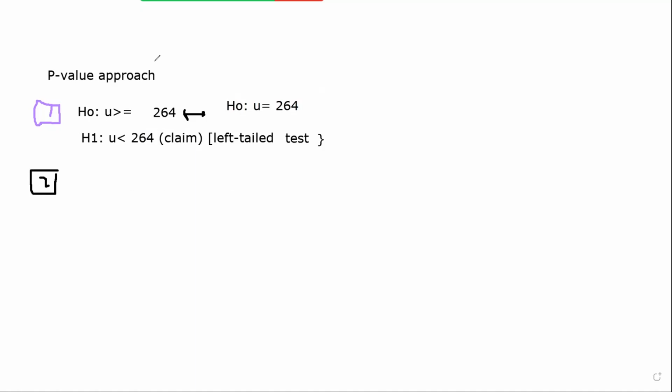This is going to be our test statistic here, because we don't have a critical value, we have a p-value, okay? So your test statistic is just like what it was before. The formula is the same. So you get z is equal to x bar minus mu over sigma divided by the square root of n.